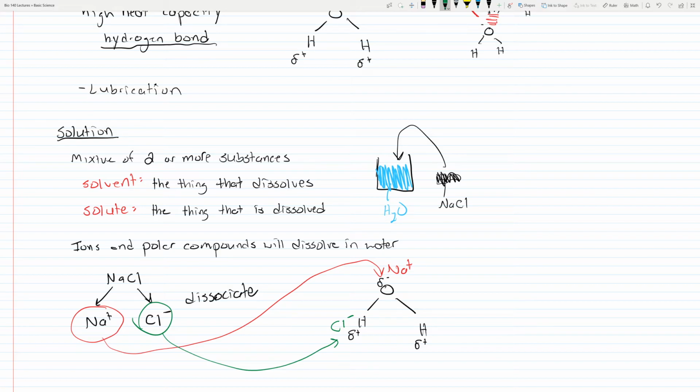The negatively charged chloride is going to be attracted to the positively charged hydrogen, and they're going to hang out like that. And that's what happens when things dissolve on the water molecule itself. Ions dissociate, and they go to their relative sides of the water molecule.